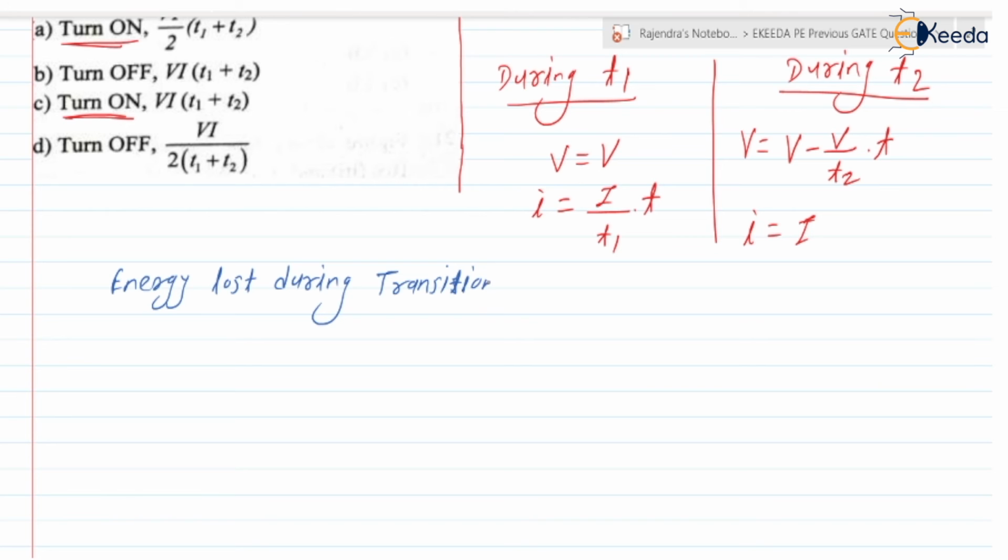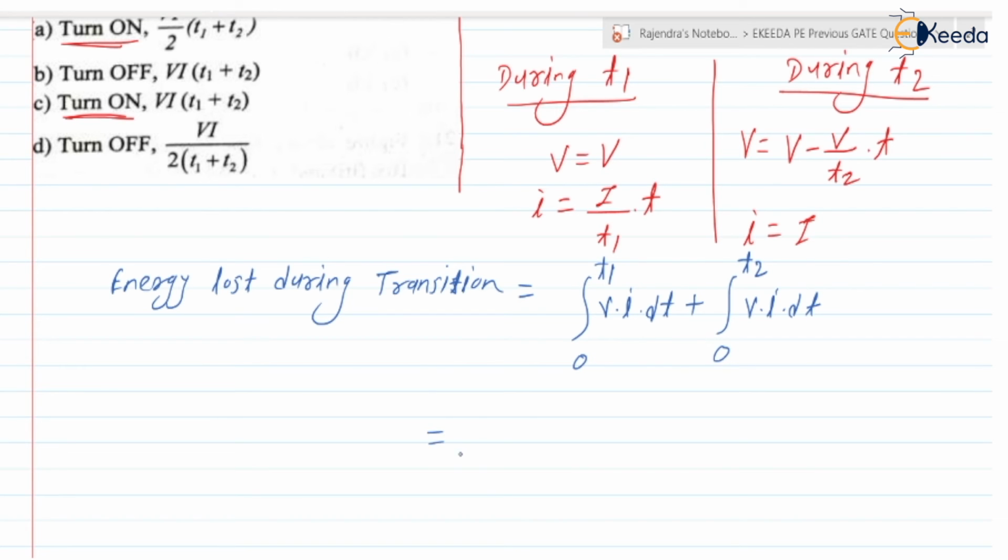Energy is nothing but power into time, or the integration of power. So we can write it as integration from 0 to t1 of V into I into dt, plus integration from 0 to t2 of V into I into dt.